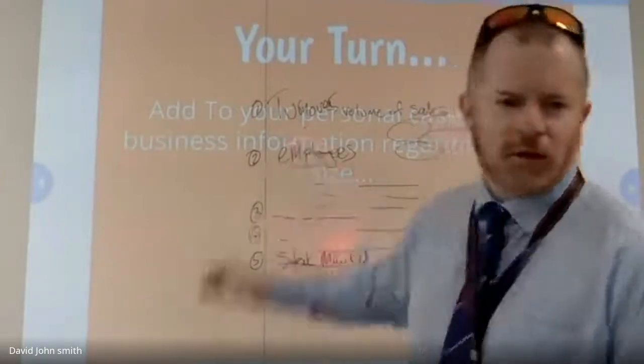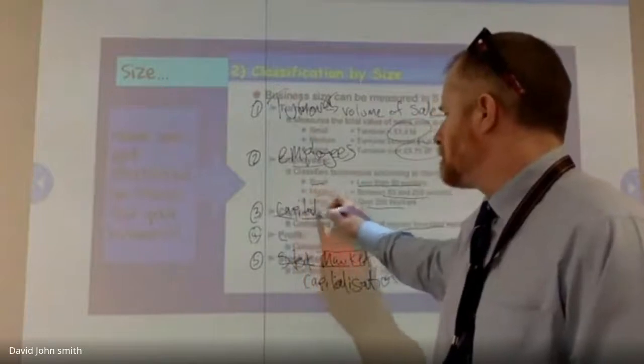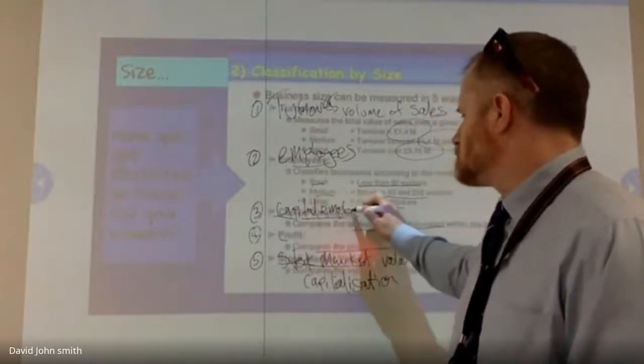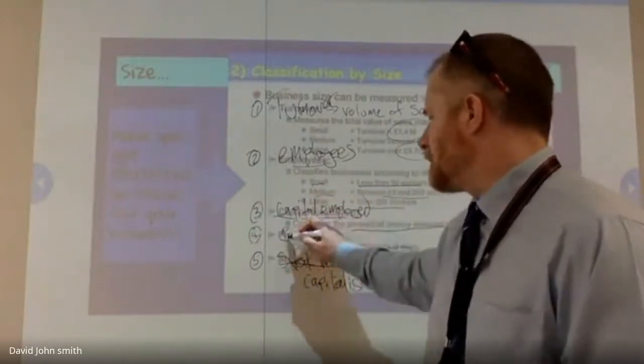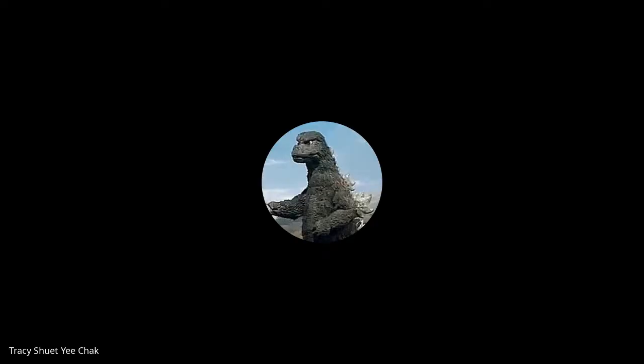I can't remember the order that we had them in. Capital employed. And profit. So those are the things I want you to follow.